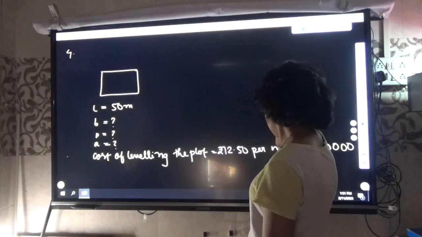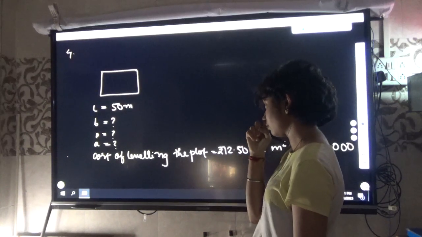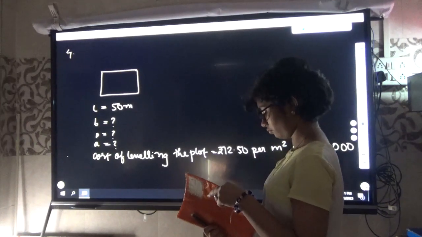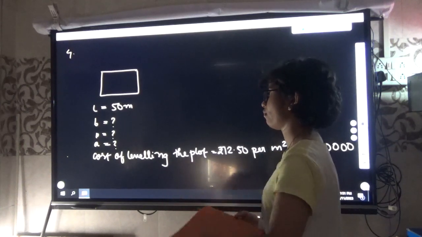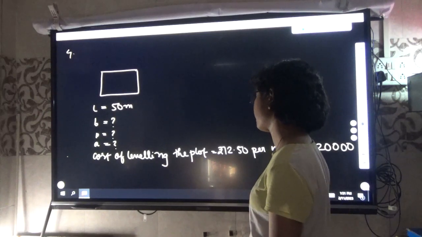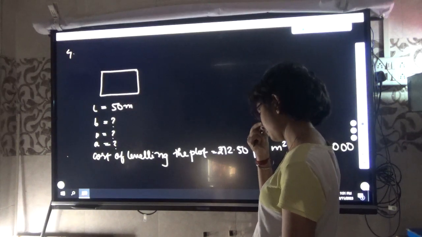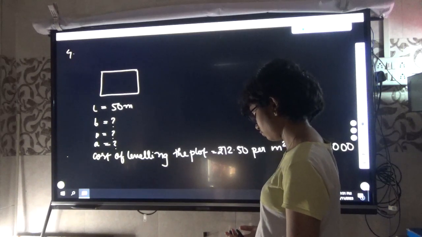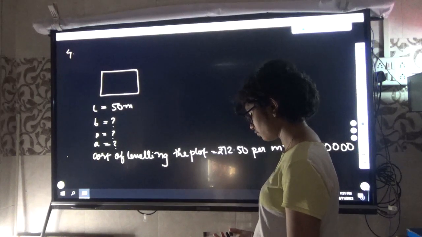Area of the plot is L into B. So now per square meter, if you want to level it, what is the cost? 12.5 rupees. So the entire plot leveling cost you 20,000 rupees. So per square meter area is this much. So total area you know.